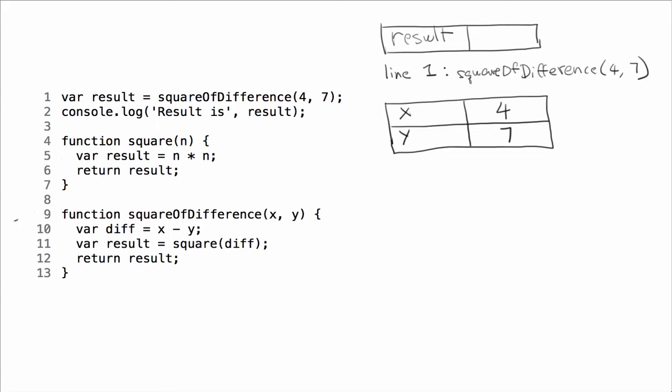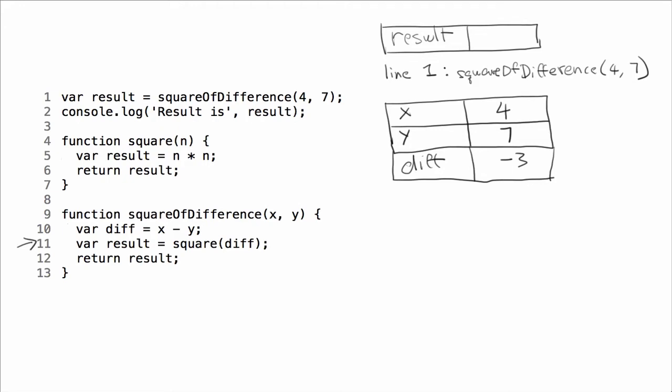Then, moving on to line 10, here we declare a variable div, which takes on the value of x minus y. That's 4 minus 7. And what is the value of 4 minus 7? That's right, it's negative 3. Moving on, we declare a result variable.